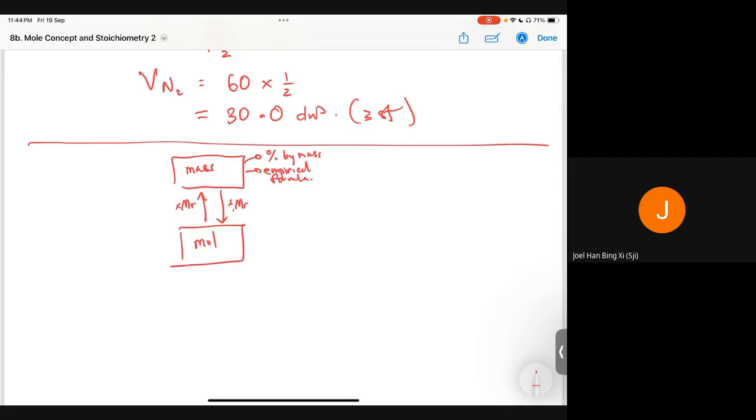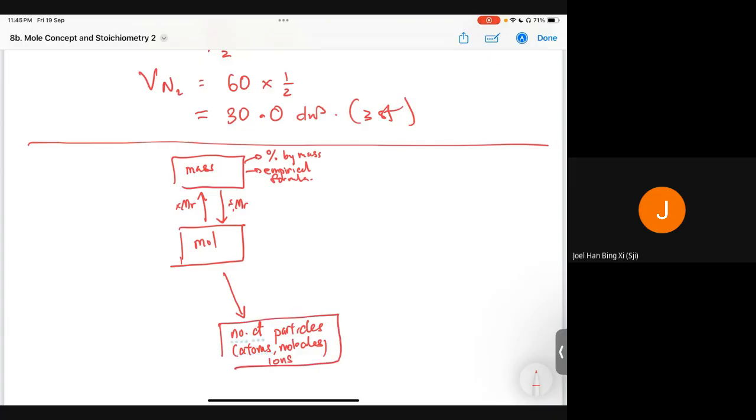Okay? Next part, the teachers most probably would have gone through from mole. Then you will find number of particles. When I say number of particles, it can mean atoms, molecules, or ions.